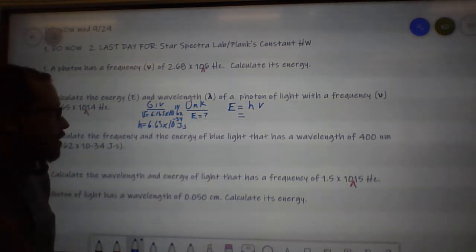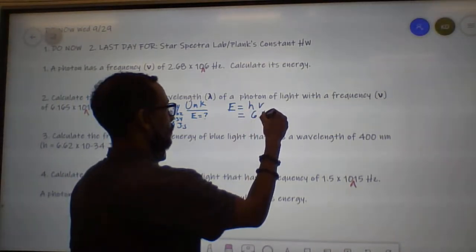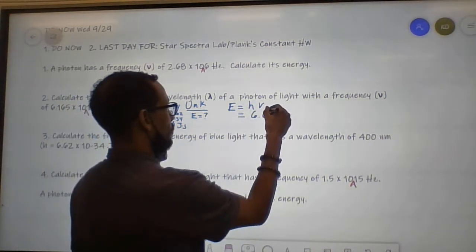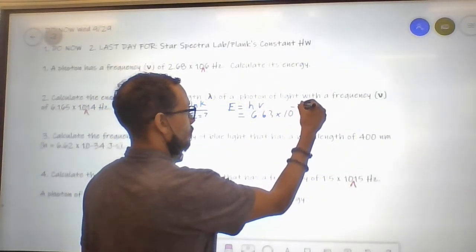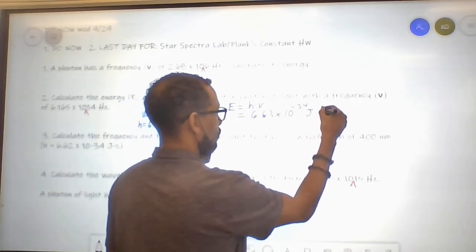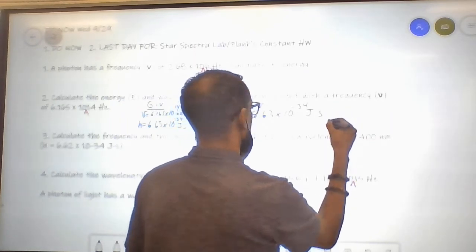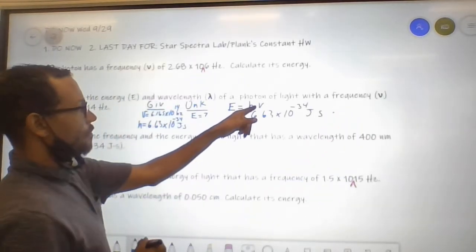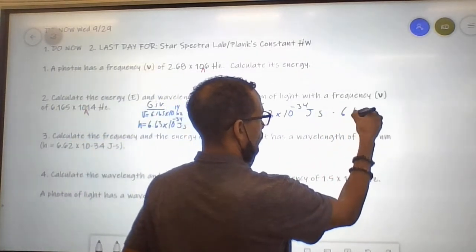Now I just plug it in and multiply. I'm plugging in h first, and then we're going to have that multiplied by the frequency, which is 6.165.